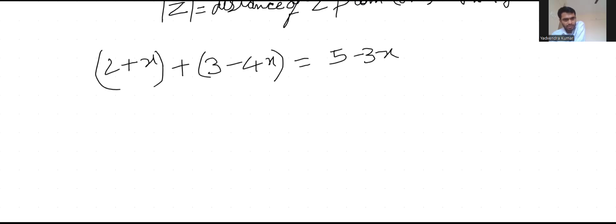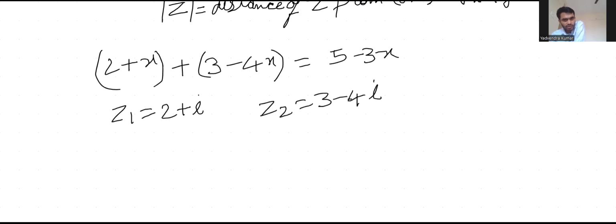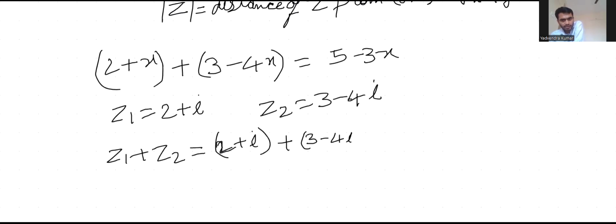Consider z1 defined as 2 plus iota, and z2 defined as 3 minus 4 iota. Then z1 plus z2 is 2 plus iota plus 3 minus 4 iota, so this is going to be 5 minus 3 iota.